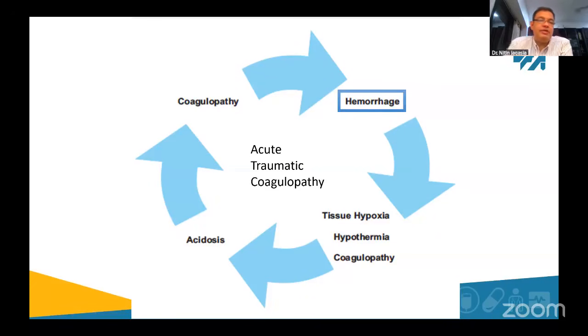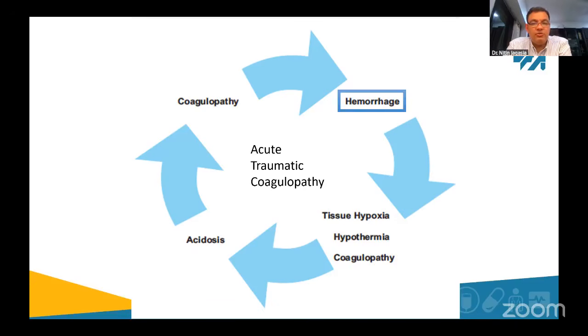It's a separate entity called acute traumatic coagulopathy. So this is not only if you're on any anticoagulants, it's not only because you've lost a lot of clotting factors or you've diluted. It's actually a separate thing called acute traumatic coagulopathy, and it pushes this circle round and round.